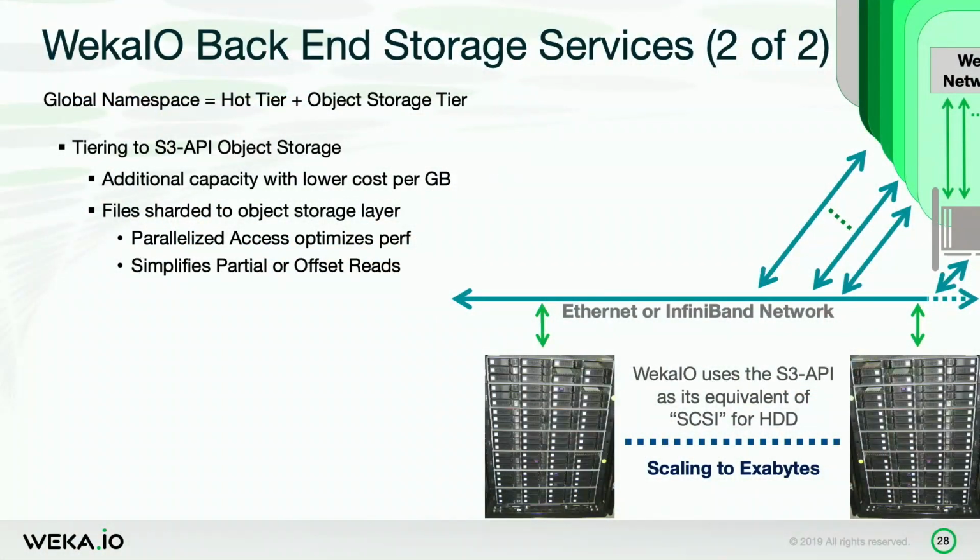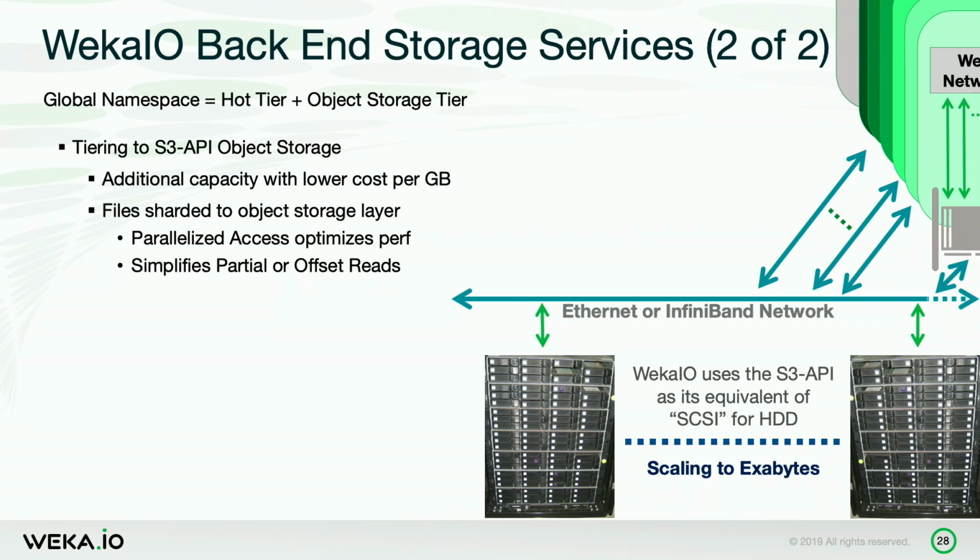All right, the other back-end storage services involve what you've been hearing about for tiering out to the object store. We use the S3 API to communicate to the object store, as our equivalent of a SCSI protocol for talking to hard disks, because as I've already explained, our software doesn't know hard disk.